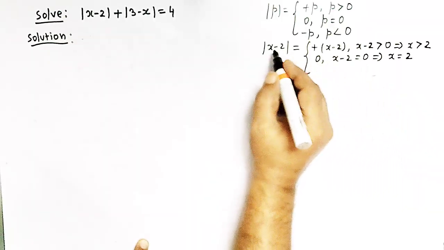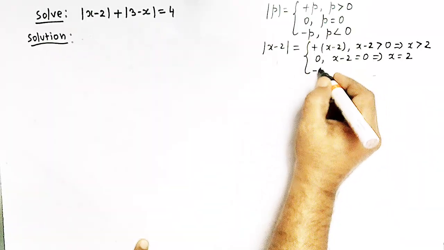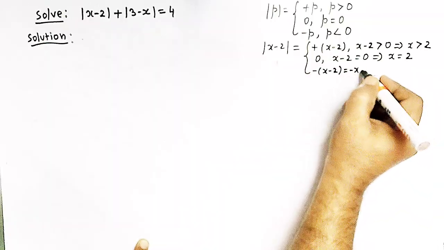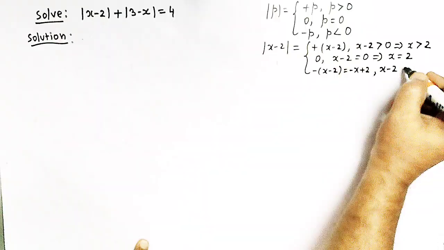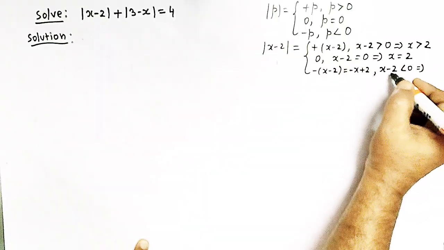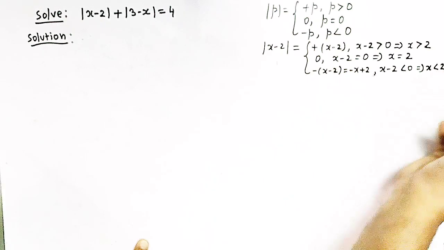And similarly, mod of x minus 2 is equal to negative of x minus 2, that is minus x plus 2, when x minus 2 is less than 0. Solving this inequality, we have x less than 2.